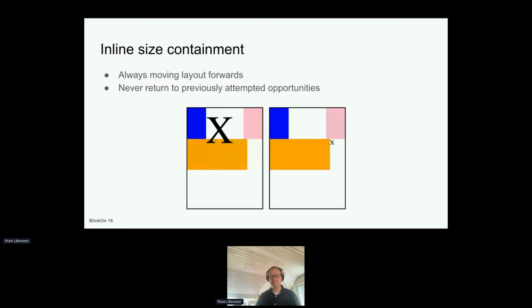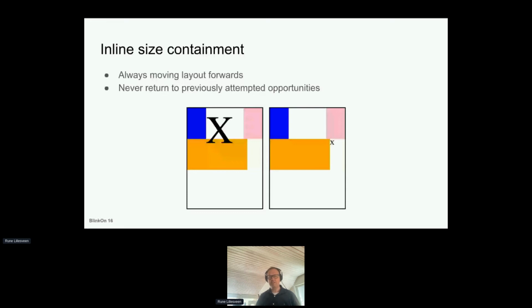This is an example where you have floats. The blue, pink, and the orange rectangles are floats. First, we start trying to place the X, which is in a container which is a block formatting context, so it has to fit within the floats. First time we tried, we have a text which is too large to fit in the first space between the first two floats.